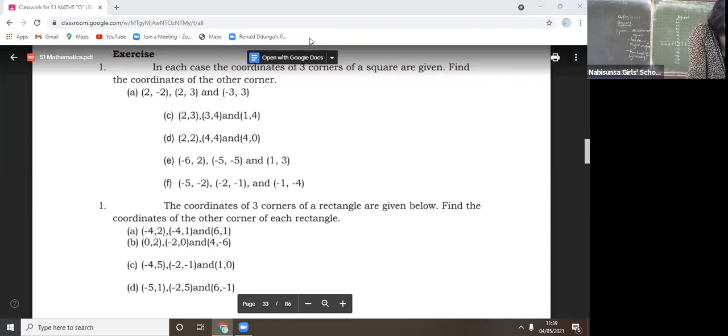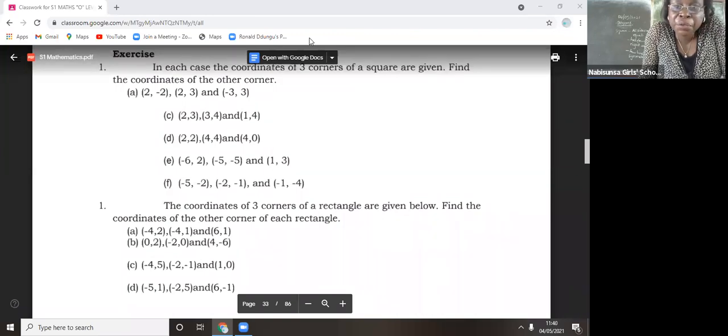Excuse me, teacher. Maison Mulumba. On the point of finding the other side of the square, can you just measure instead of finding the angles and counting the parts?